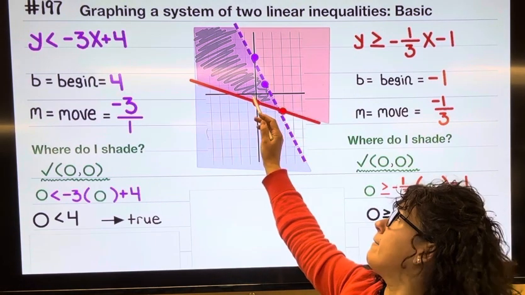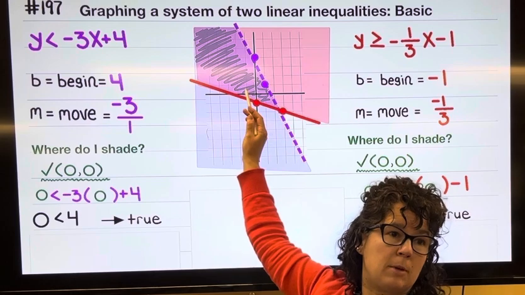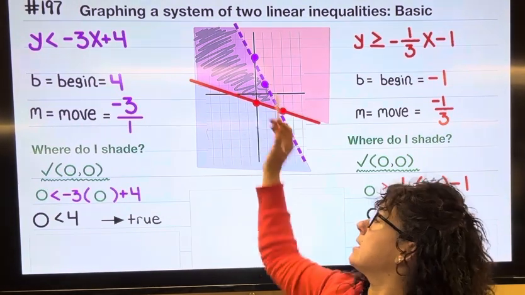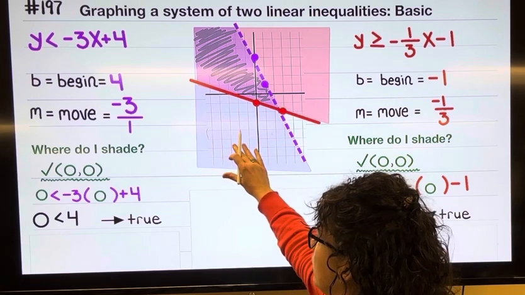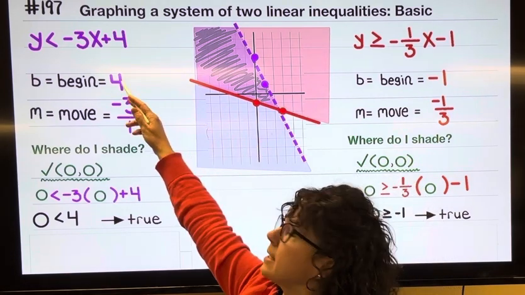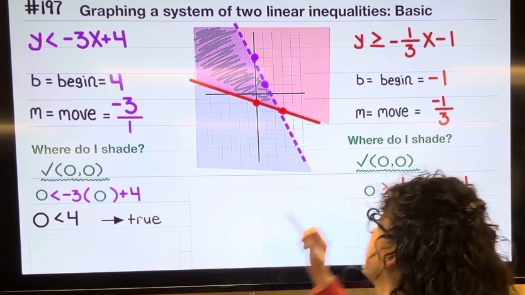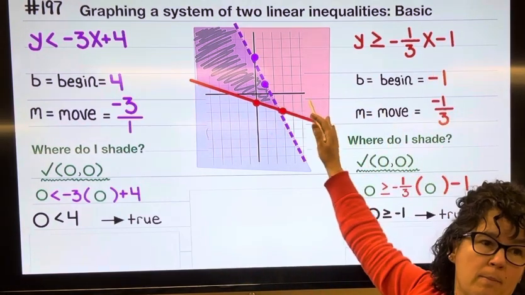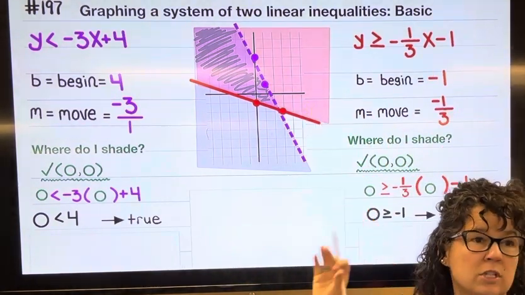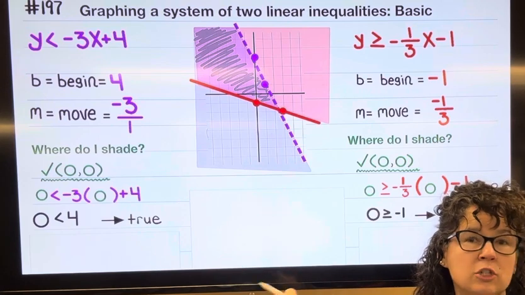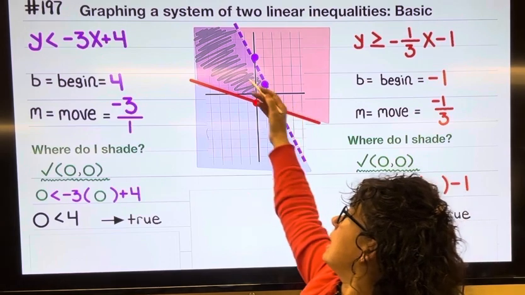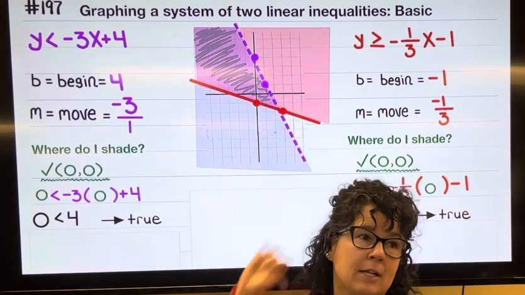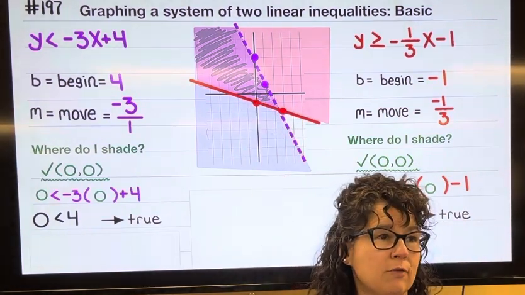And so my final answer is the shading in between, because the light purple is what makes this one true. The red is what makes this one true. So to solve a system of equations, you need points that make both true. So the shading here where they overlap, that's where they're both true, and that's your final answer.